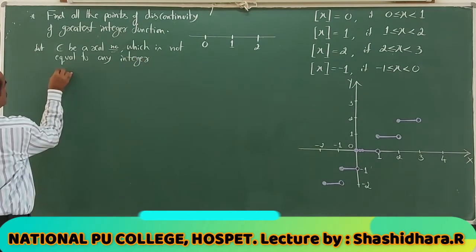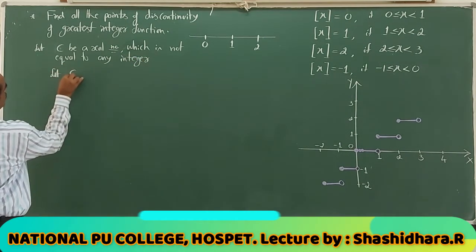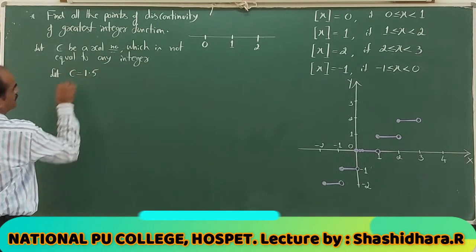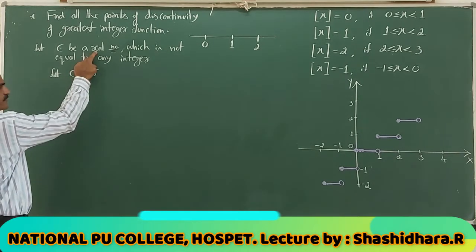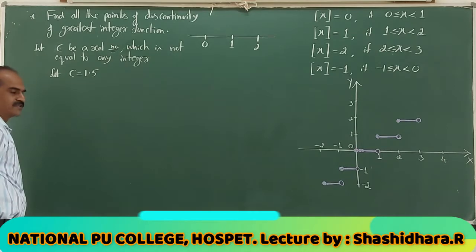For instance, let me take c equal to 1.5. Clearly 1.5 is a real number but not an integer.